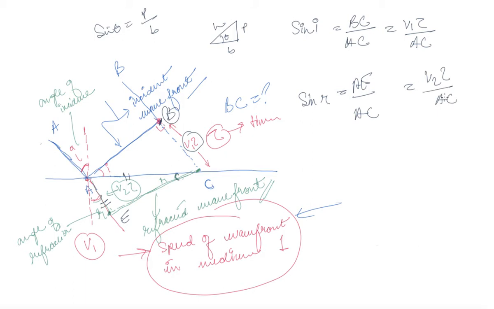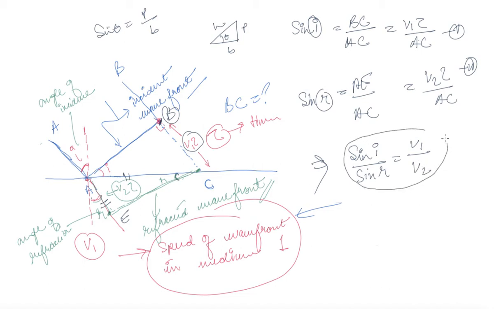I was the angle of incidence and R is the angle of refraction respectively. Say this is equation 1 and this is equation 2. If you take sine I upon sine R, AC gets cancelled and tau gets cancelled. So you get v1 upon v2.